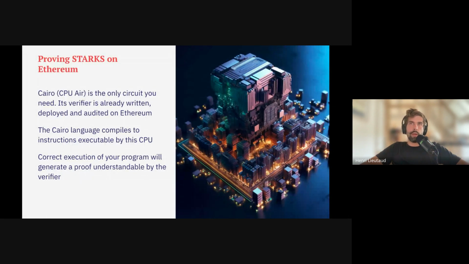And an AIR, in our case, is let's say a circuit that represents a mathematical problem in the form of a polynomial and lets you prove the correct execution of that program, of that computing problem. And the one we design is a CPU, meaning that CPUs are informatic components that let you execute anything, any set of instructions, any program can be expressed on top of that CPU.